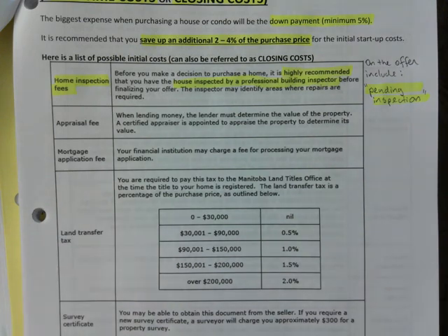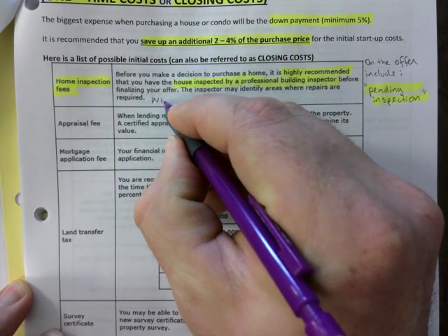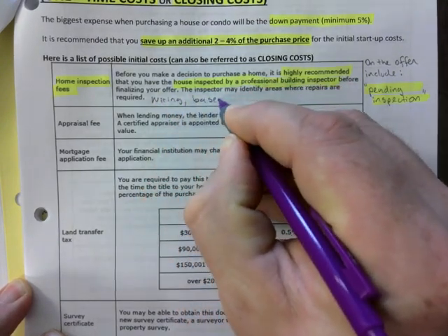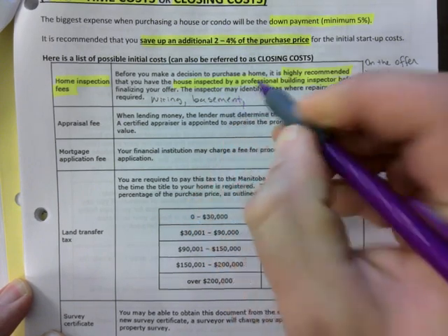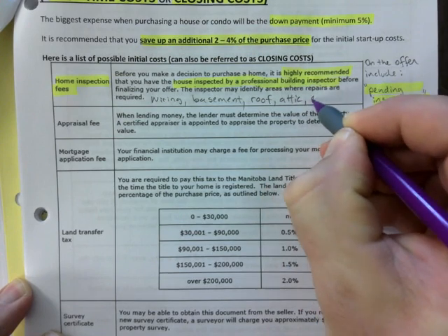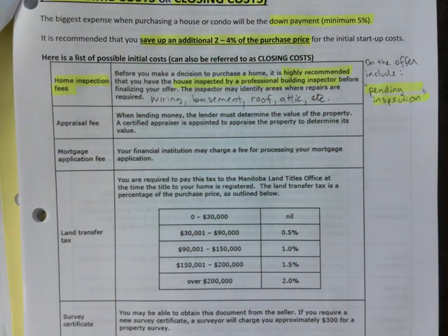If there's enough insulation, are the basement walls okay? Is there anything majorly wrong with it? Wiring, okay? So I'll just do this. Wiring, basement, roof, attic, etc. Sometimes you can pay less, so the inspector says, I have 5 things that I can inspect for you.